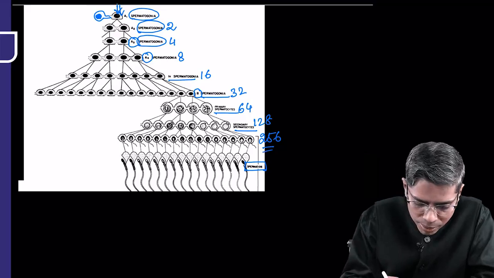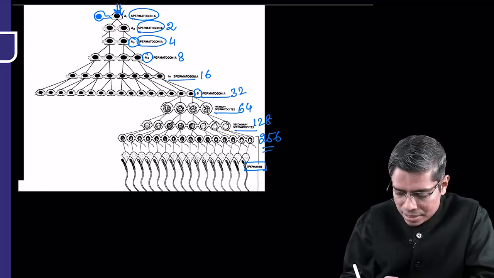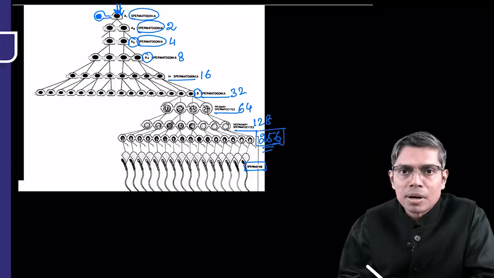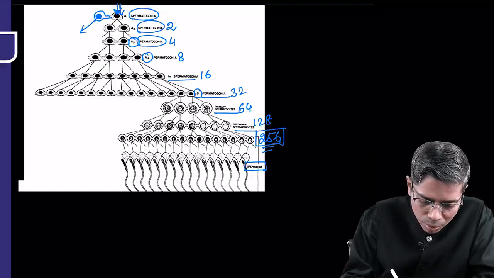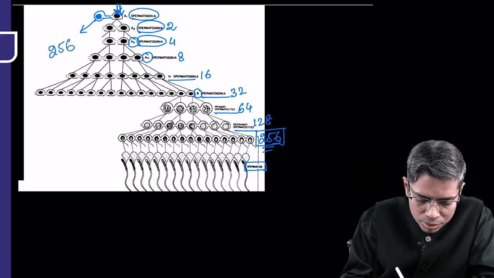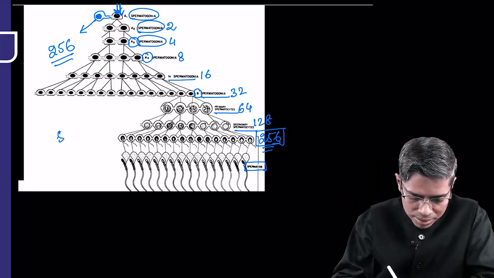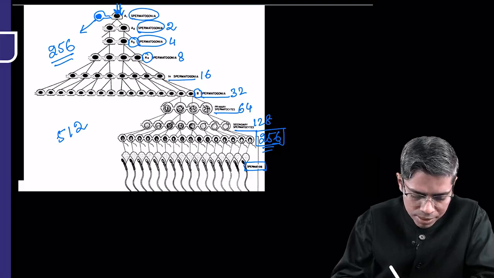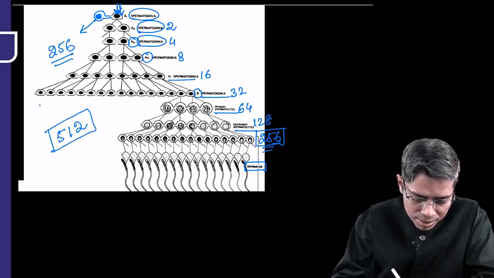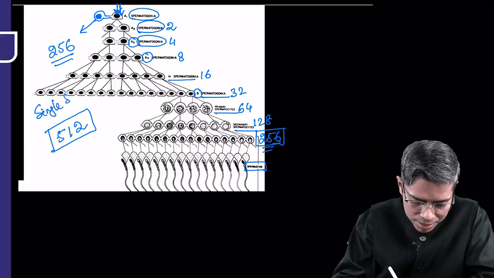So one spermatogonia A1 cell is giving rise to 256 sperm. The other one will also divide and give rise to 256 sperm. So in combination, a total of 512 sperm is produced from a single spermatogonia, right?